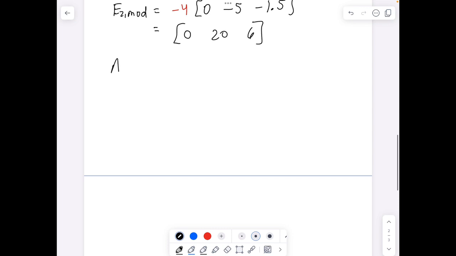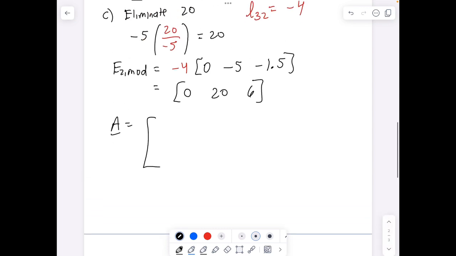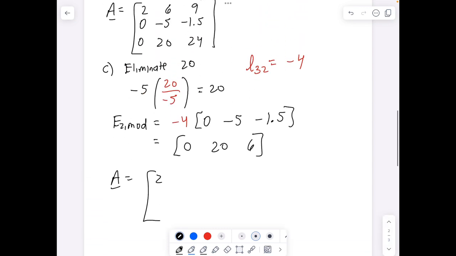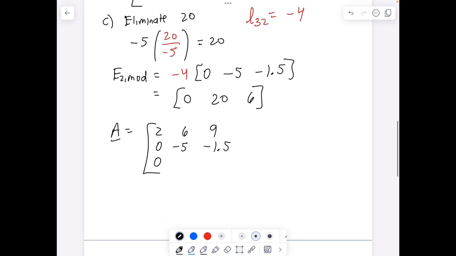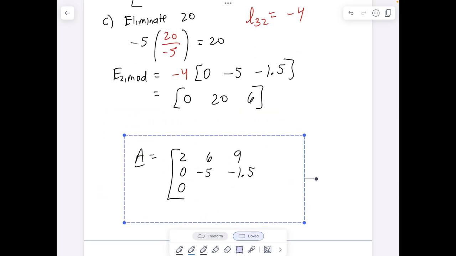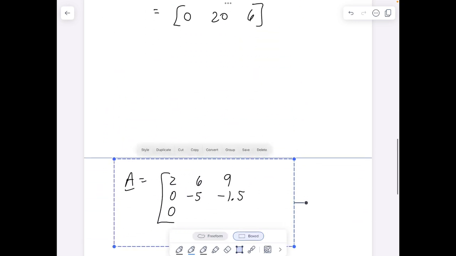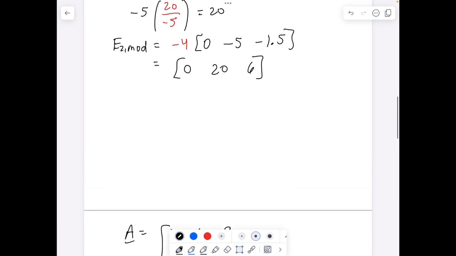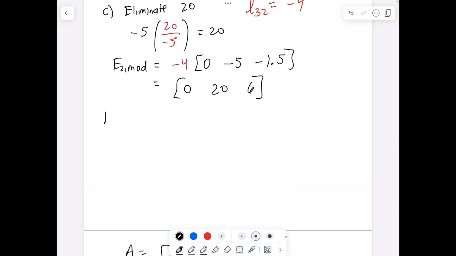So that means that our A after our elimination is 2, 6, 9, 0, -5, -1.5, 0. All right, I didn't do it yet. Whoops. Jumping ahead of myself. I forgot to subtract. What we're going to do is subtract this from E2 mod.